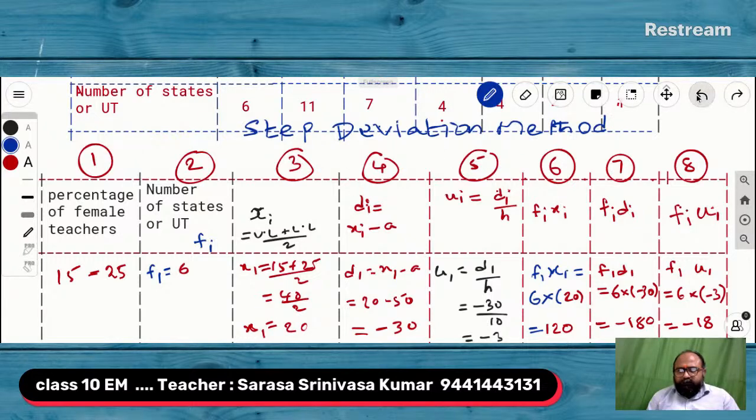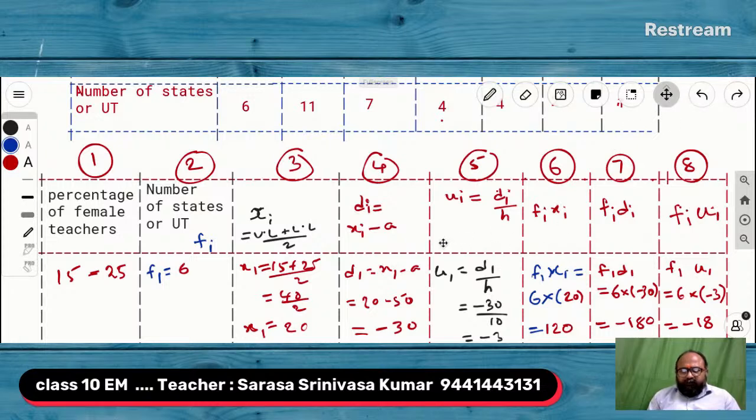So students must understand this: if you are asked to find the arithmetic mean by a particular method, then you must note down the related columns only, not the total table.